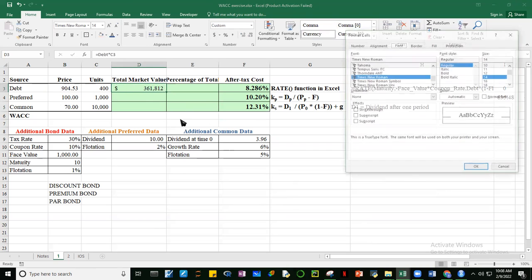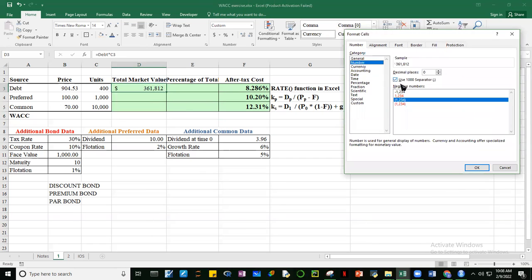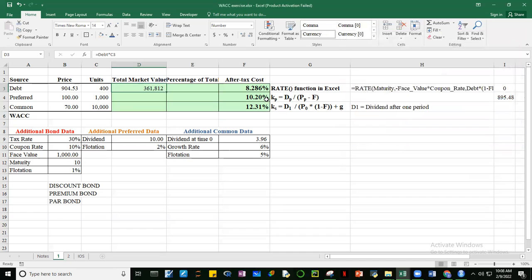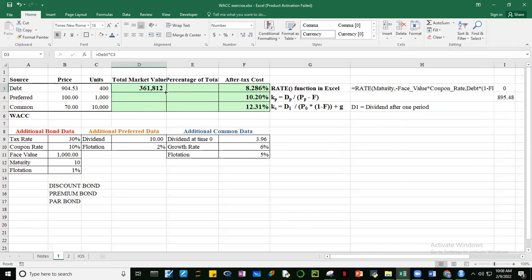Tanggalin lang natin yung dollar. Okay, so copy ko lang to. So you were just multiplying the price by the number of units.